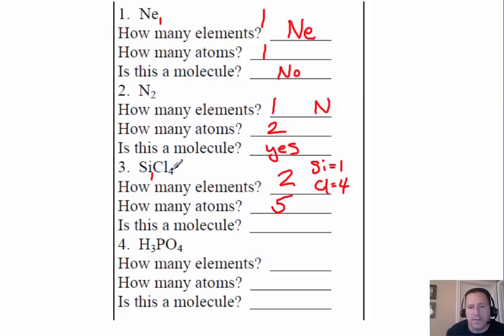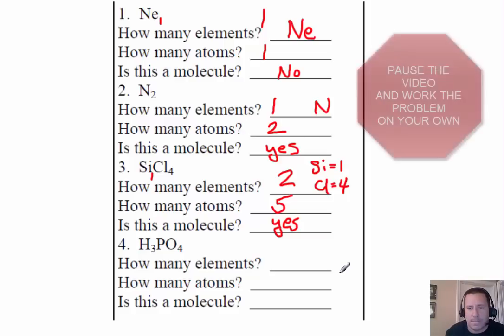And then finally, is this a molecule? Well, does it meet our definition of a molecule? Is it more than 1 atom bonded together? Well, it sure is. So yes, this is a molecule. You try answering this last one down here. Pause the video for a moment, answer it, and then check to see if you're correct.